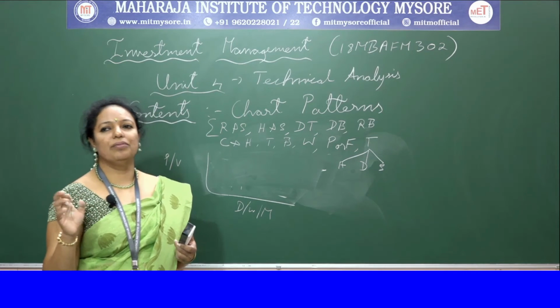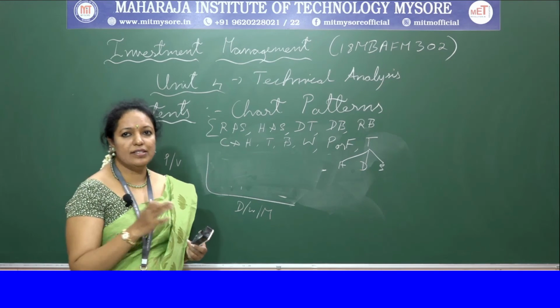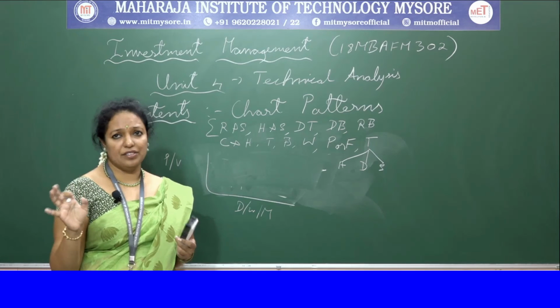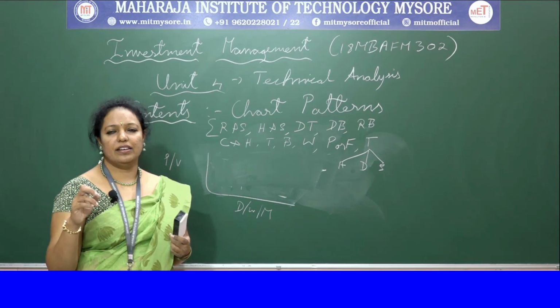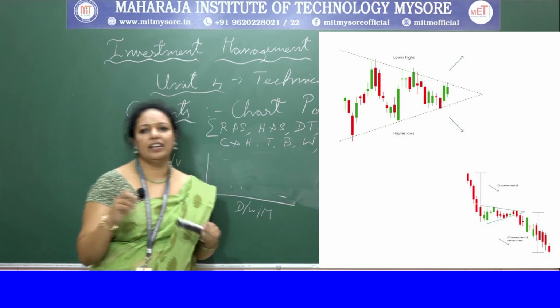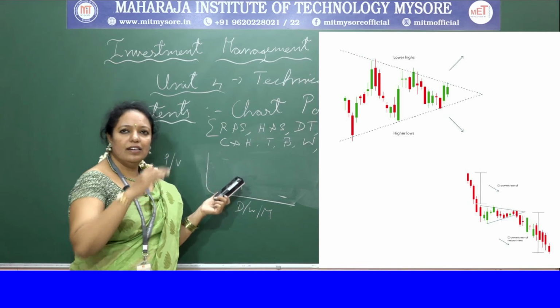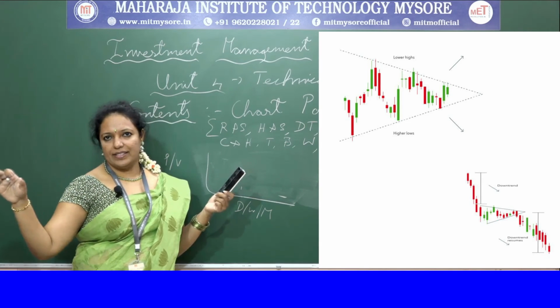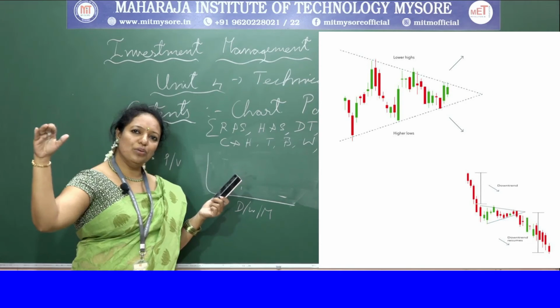Symmetric triangles form when the price converges with a series of lower peaks and higher troughs, where if you see the example of the chart which we have put here, you can see that there are lower highs and then higher lows.